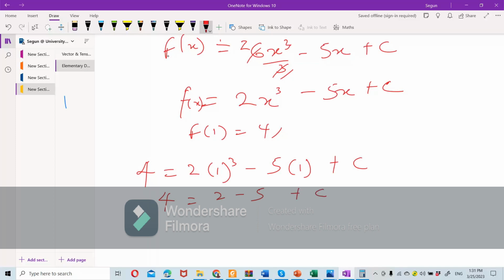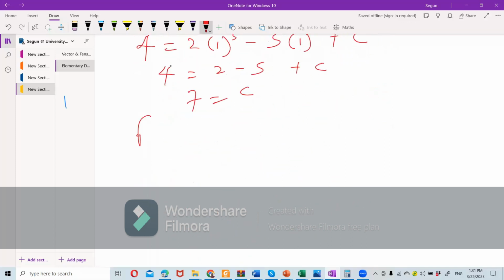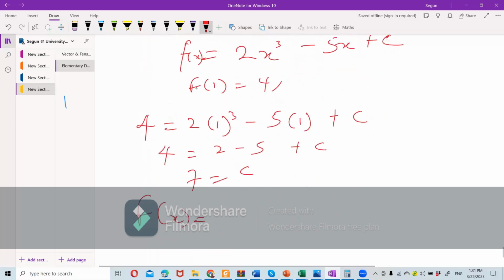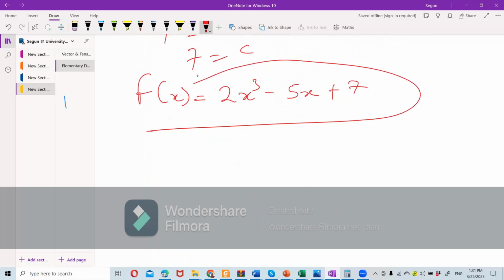This is minus 3. This is 7 equals c. So your f of x equals what? 2x cubed minus 5x plus 7. How many of us got this one?